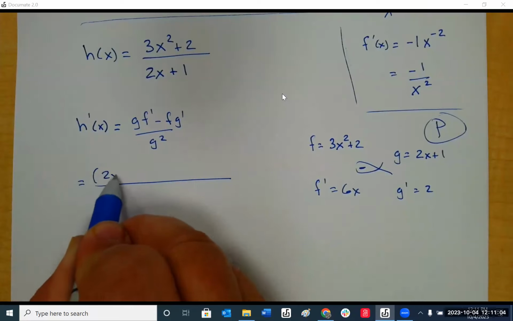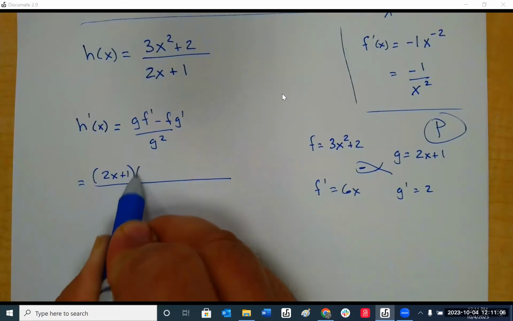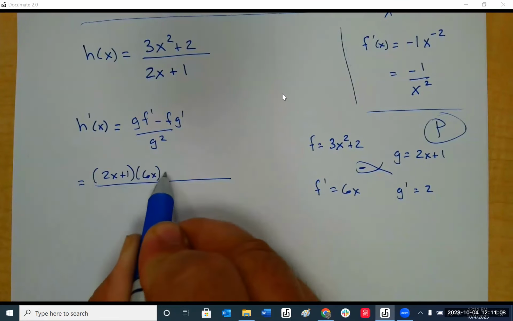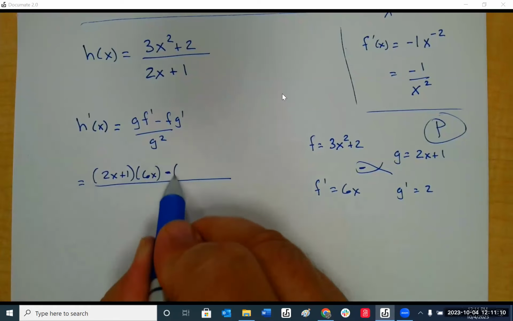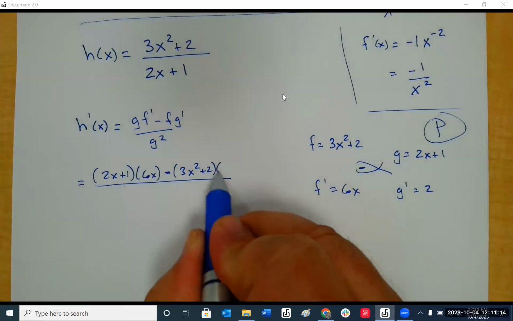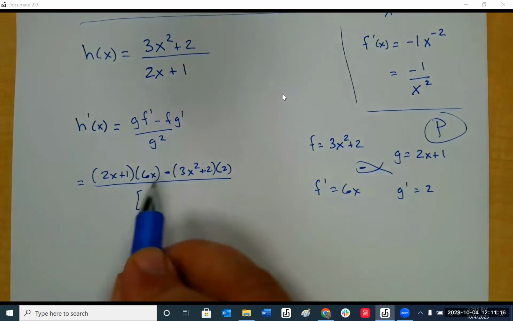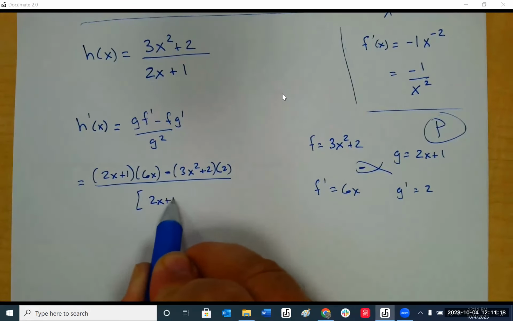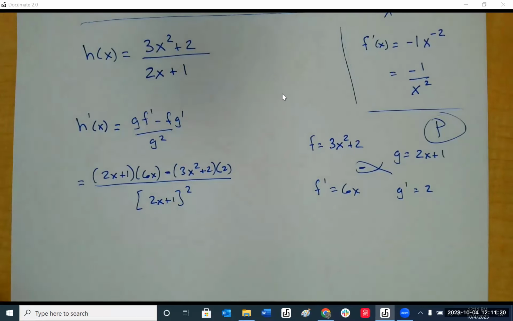So we have 2x plus 1 times 6x, minus 3x squared plus 2 times 2, all over 2x plus 1 squared.